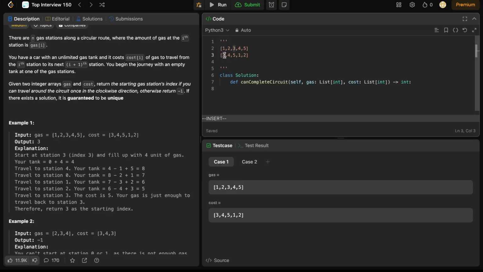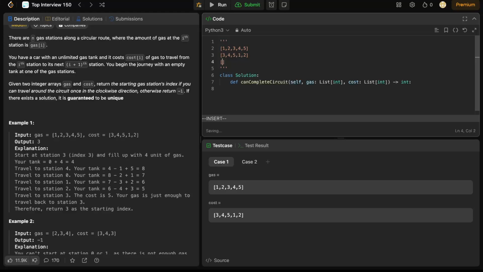However, it would cost us 3 units of gas to get to the next gas station. So that would be impossible. So we can note that to see if we can go from one gas station to the next, we must subtract these two arrays the same way we did the first index, 1 minus 3. If we can do that for the remaining indices, we can get a better understanding of which gas stations are beneficial to start at.